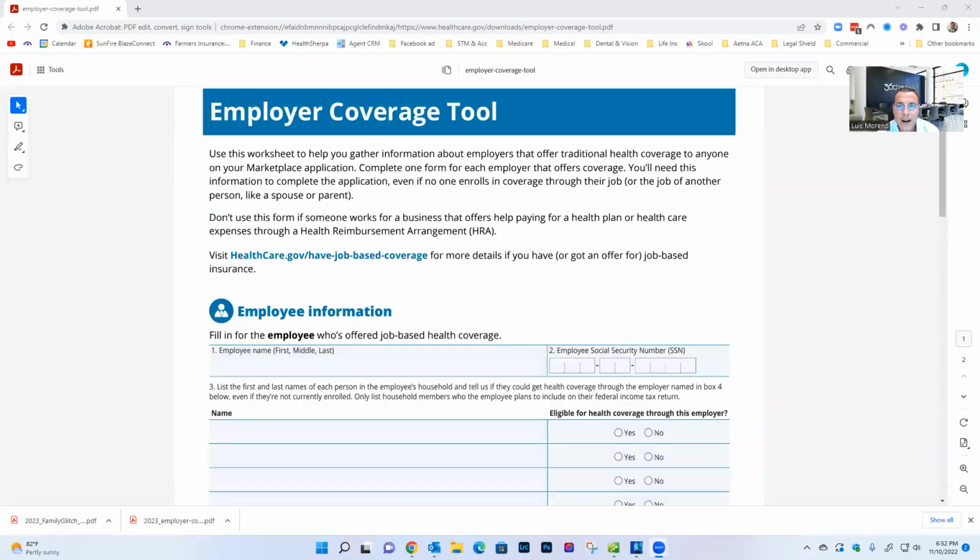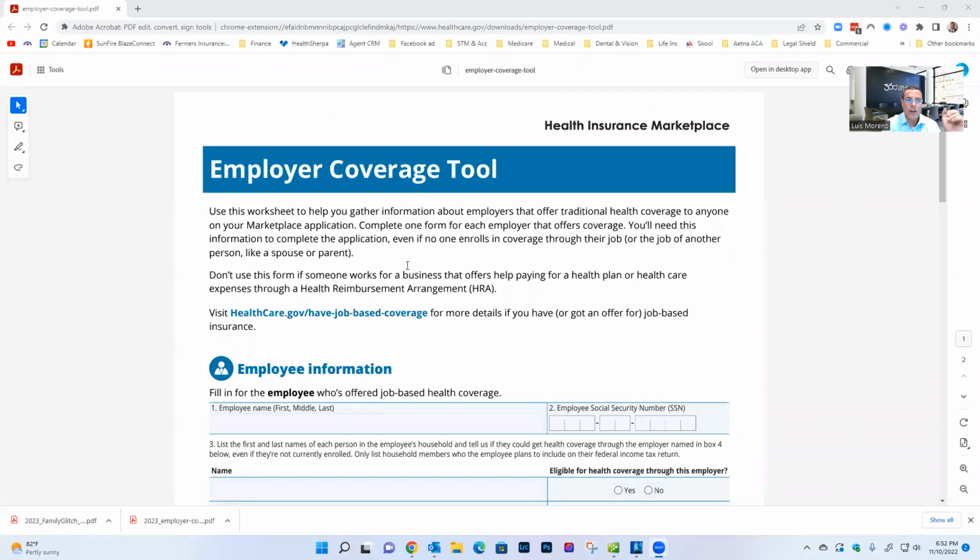Okay, guys, this is the employer coverage tool. So these employees are going to use this tool to determine whether the glitch is going to affect them or not.